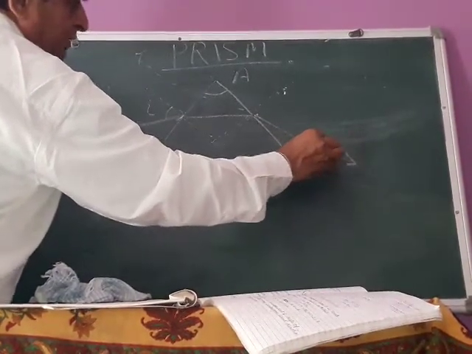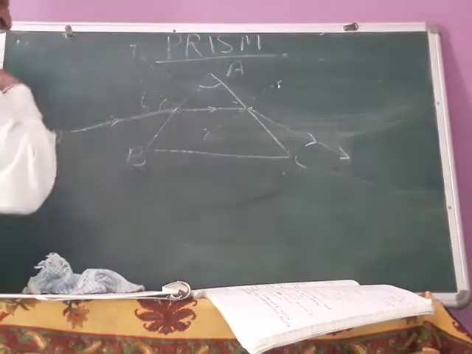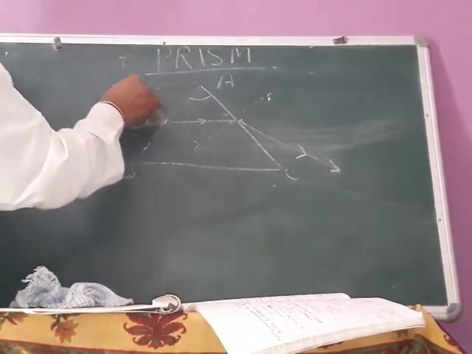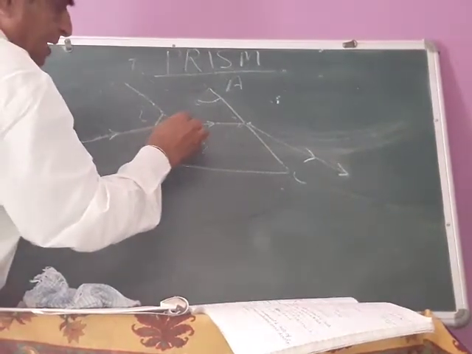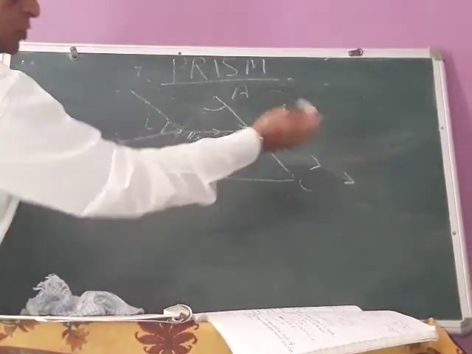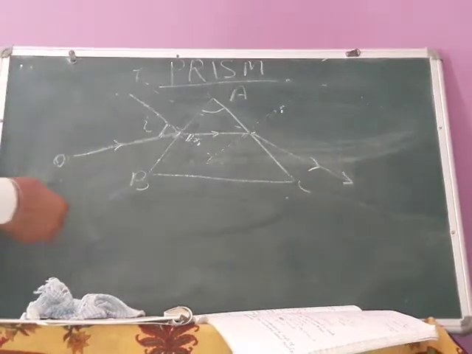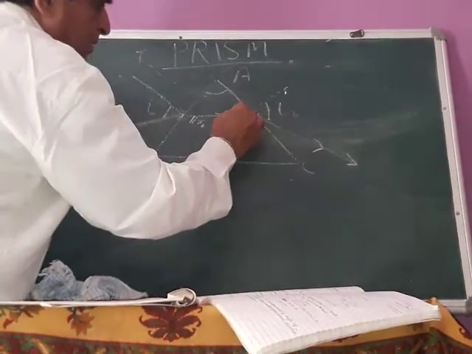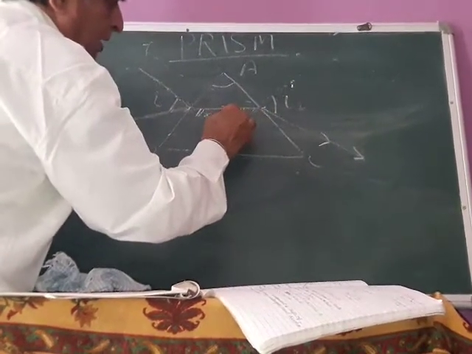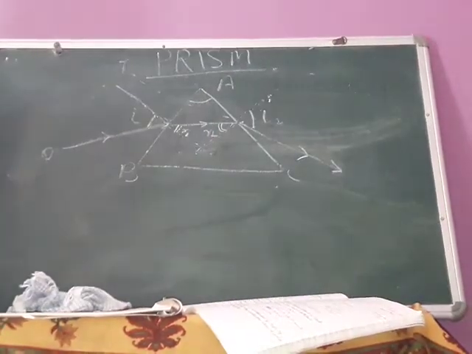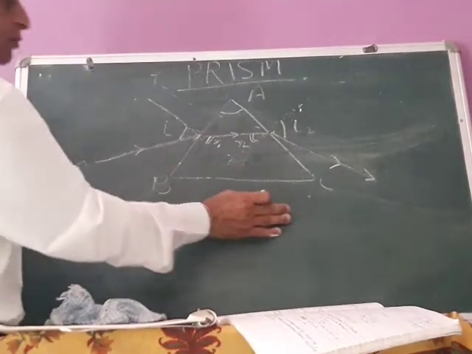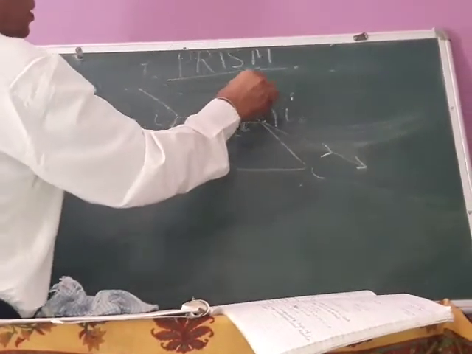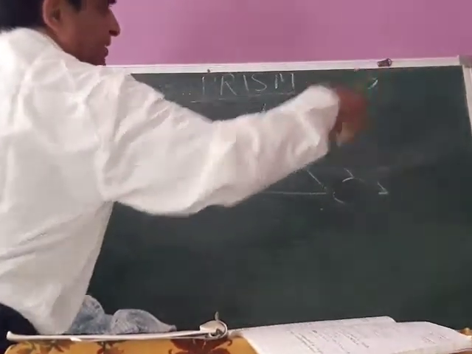This is the emergent ray. This is the refracted ray. This is the incident ray. As usual, this is angle I1. This is angle R1. They are two different refractions. This is R1, this will be I2, and this will be R2. Now, if this prism had not been there, the light would have gone in this direction.